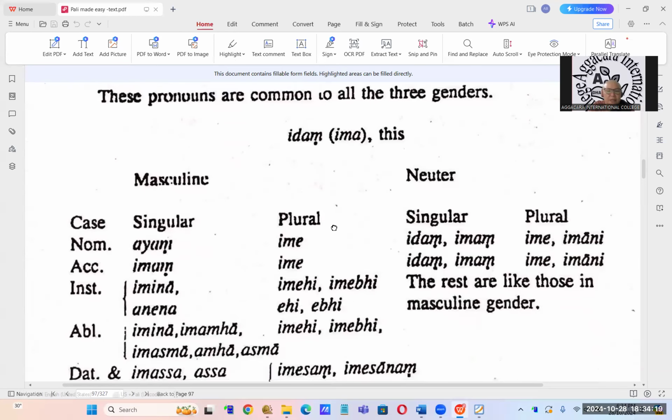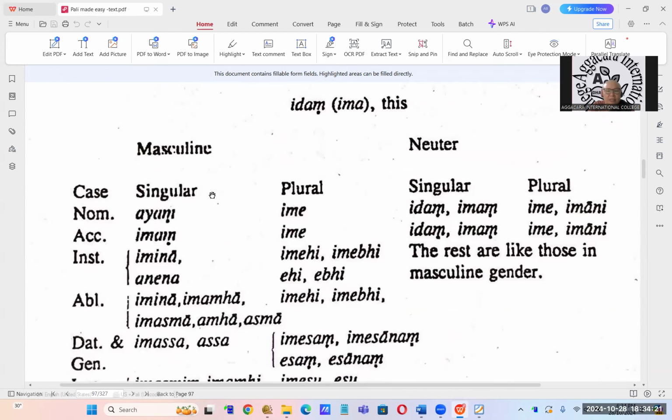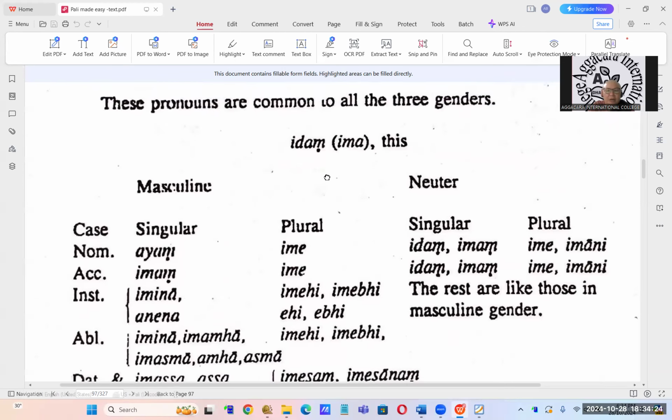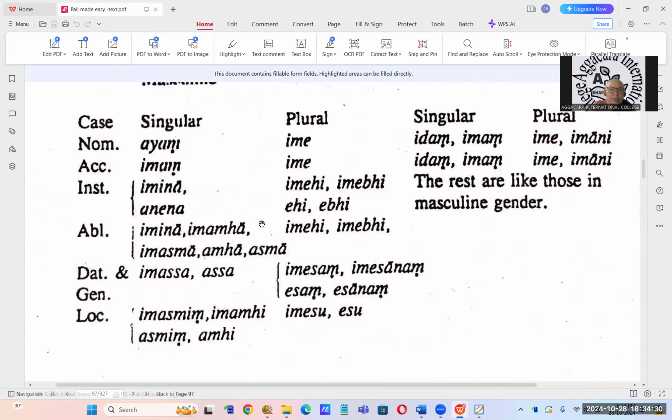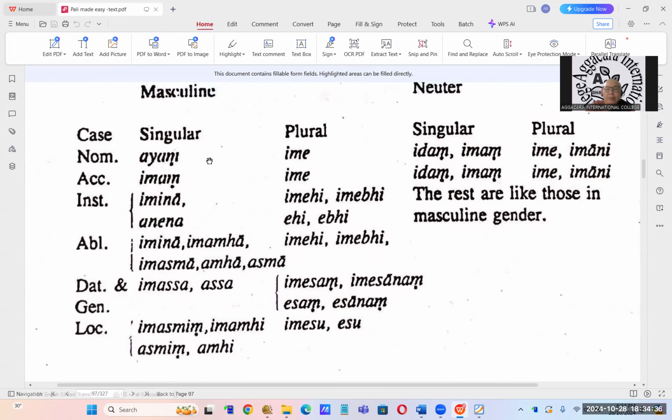All right. Now, about this Ida or Ima. There are two forms. Actually, we see this a lot already, but now it comes the first time we study it. We see ayam, many times, ayam bhikkhu. The best way to study this is together with the neuter.